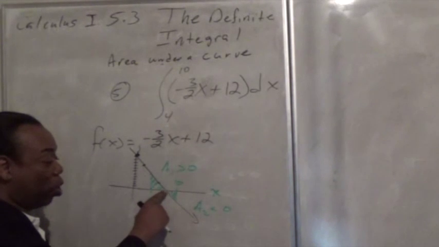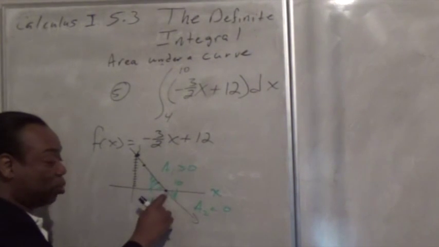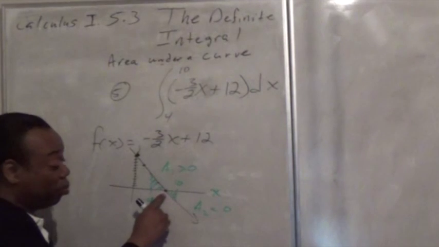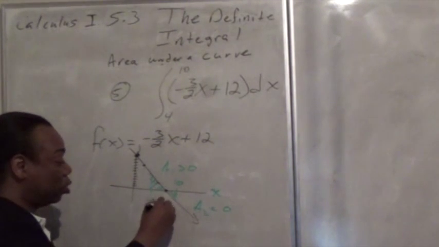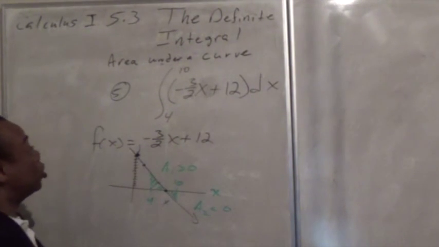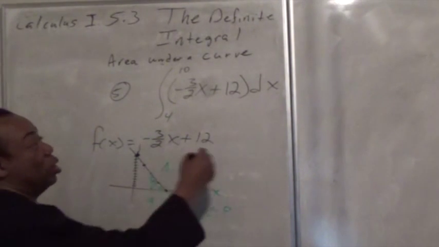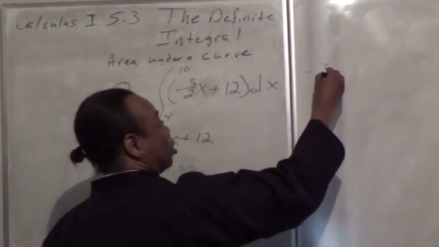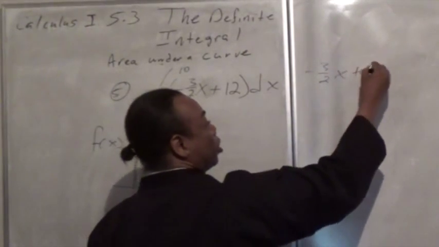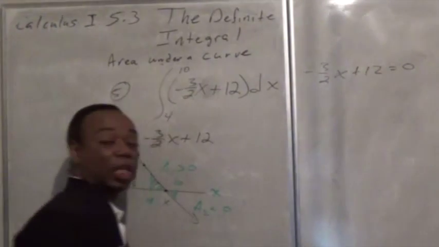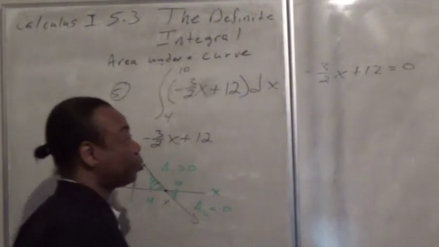In order to find area 1, we need to find out what the x-intercept is here that ends the triangle here at the bottom. So let's find out what that x is. So I take my function, negative 3/2 x plus 12, and we set it equal to 0 and solve for x.